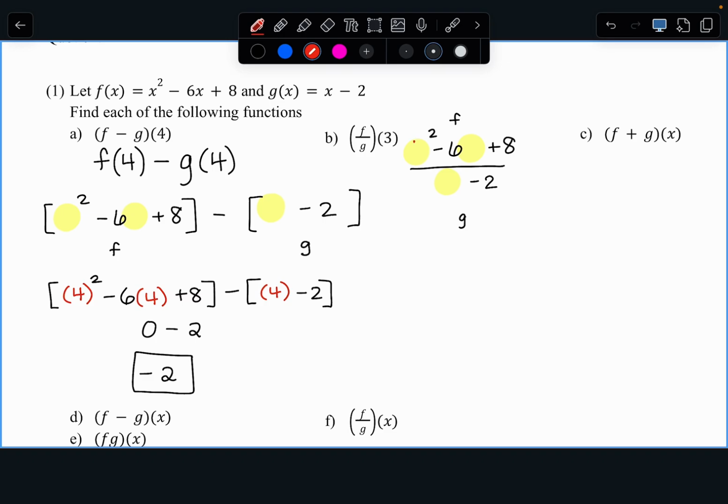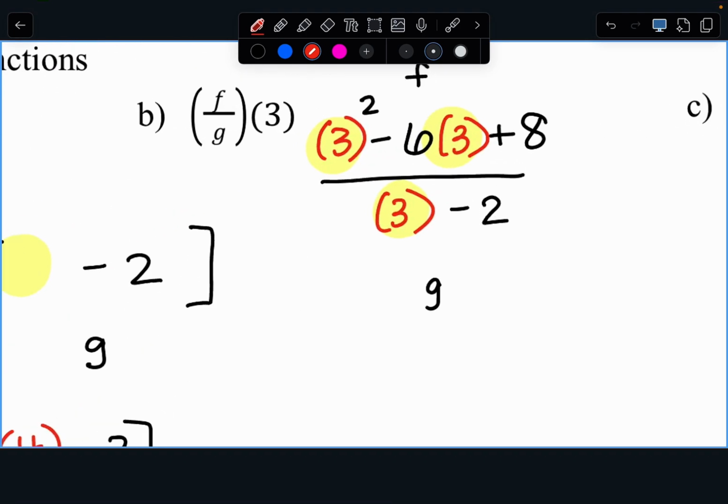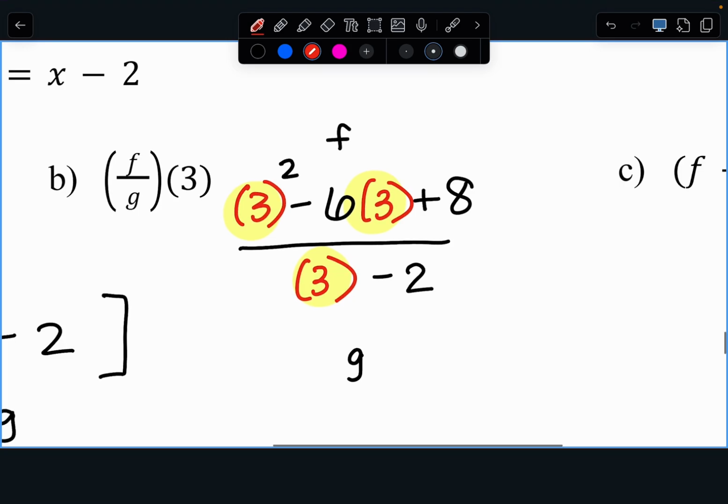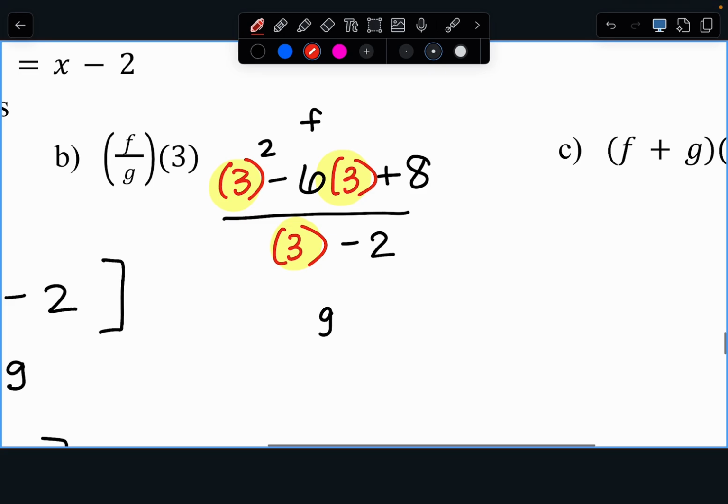But we're plugging in a 3 into those spots. I'm going to zoom in here so you can kind of see it a little bit better. We plugged in a 3 into those spots where x was. This is equal to 9 minus 18 is negative 9, plus 8 is negative 1. 3 minus 2 is 1, so our answer here is negative 1.